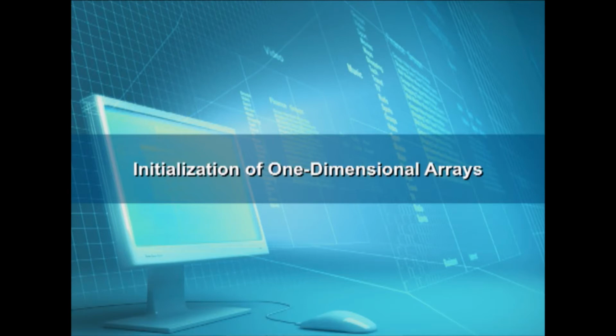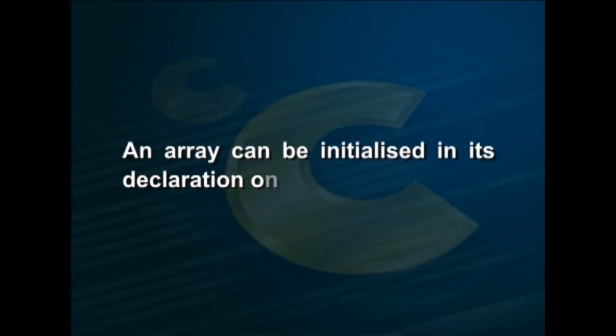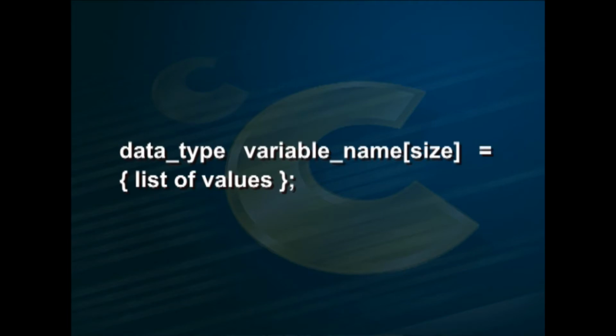Initialization of one dimensional array. The elements of an array may be assigned with values using initialization instead of reading them by the input output functions. An array can be initialized in its declaration only. The general form of initialization of one dimensional array is data type, variable name, [size] = {list of values}.